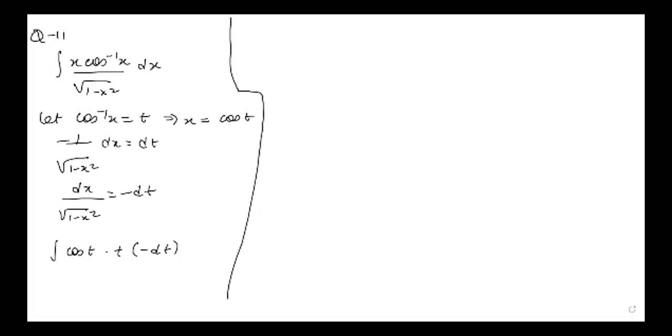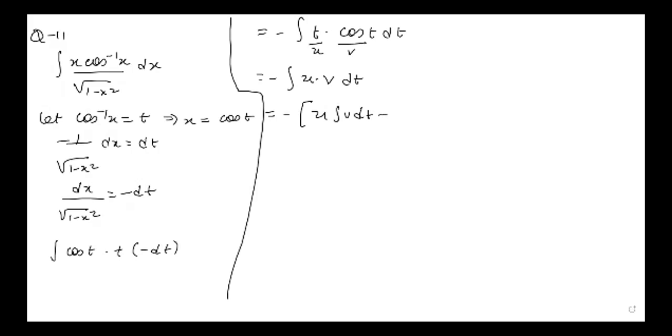So you know that the algebraic term will have higher priority than the trigonometric term. So I will keep my t first and cos t second. u v dt is u integration v dt minus integration of derivative of u with respect to t, integration v dt, whole dt.